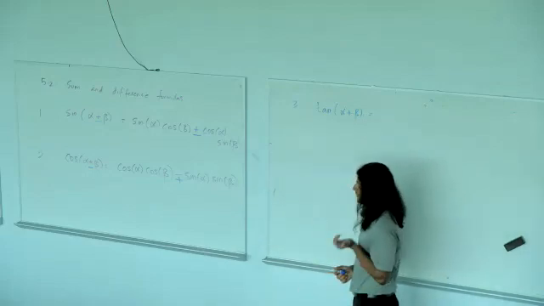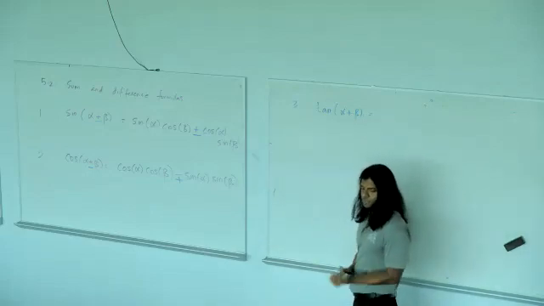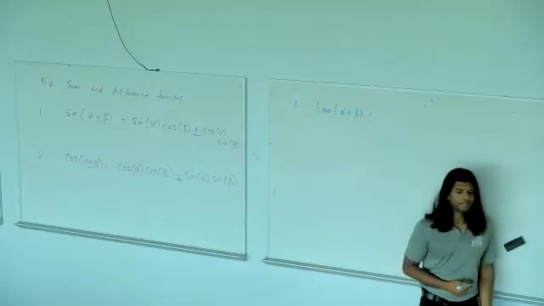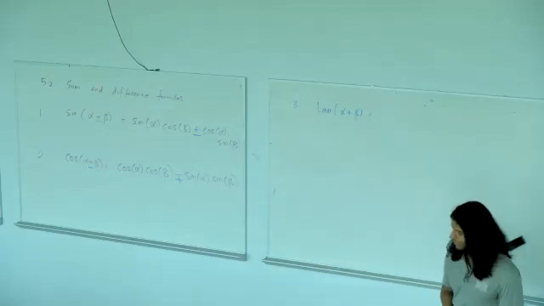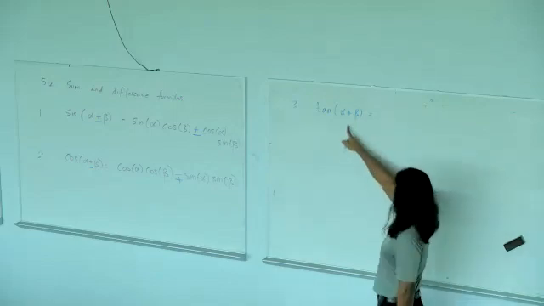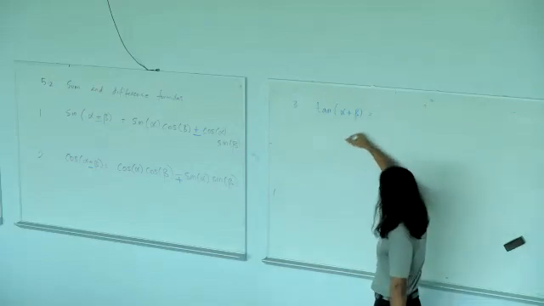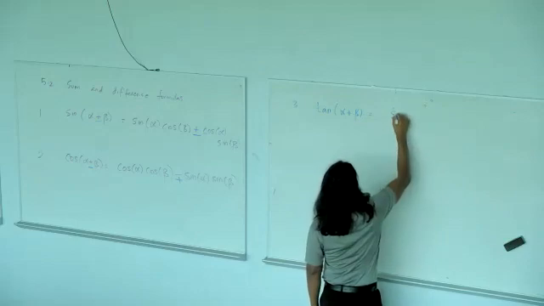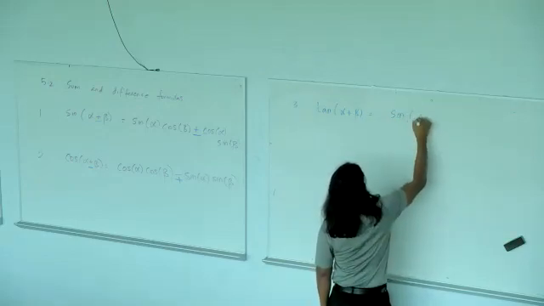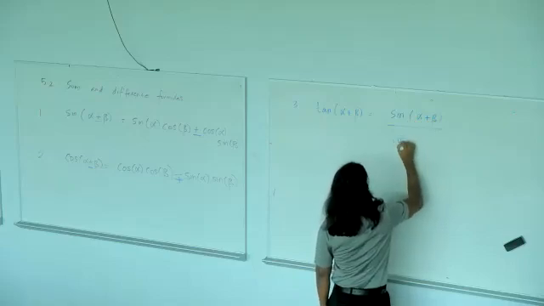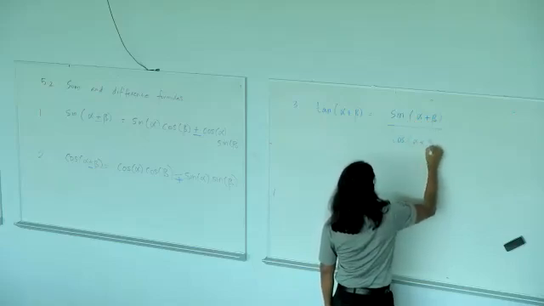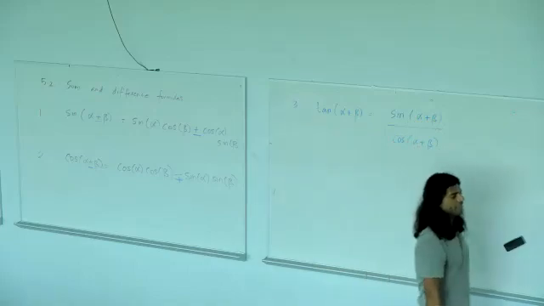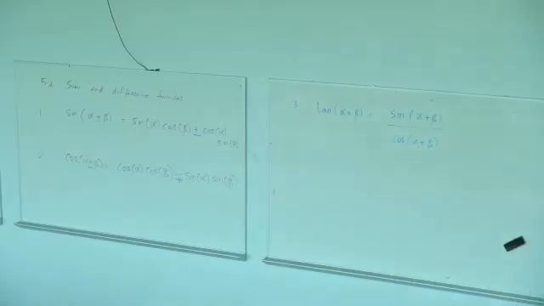Not necessary. We know tangent x is simply sine x divided by cosine x. Here, x is alpha plus beta, so I can write it as sine of alpha plus beta divided by cosine of alpha plus beta.